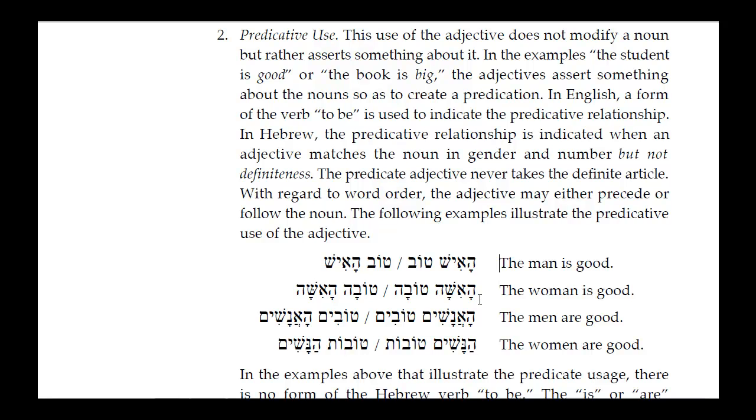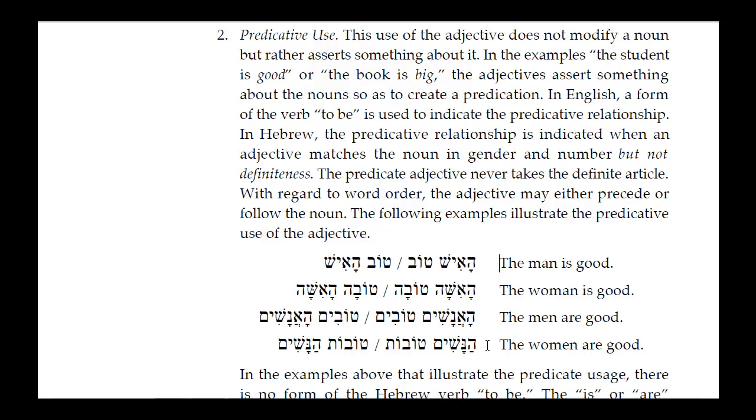Next one, if we want to say the men are good, we would say ha'anashim tovim or tovim ha'anashim. Either way, the adjective tovim agrees with the anashim in gender and number, but not in definiteness. And the same thing with the women are good.